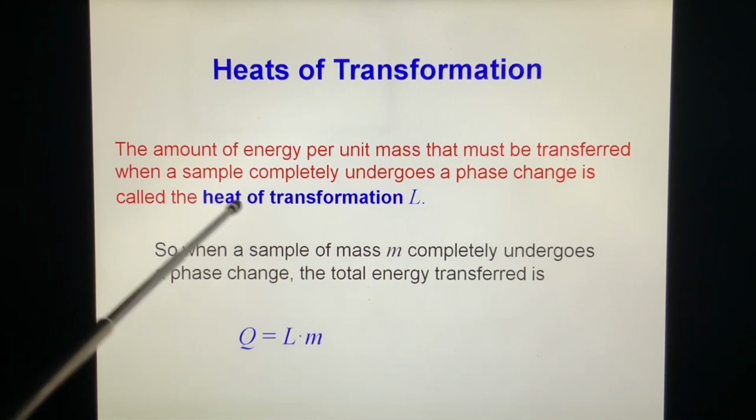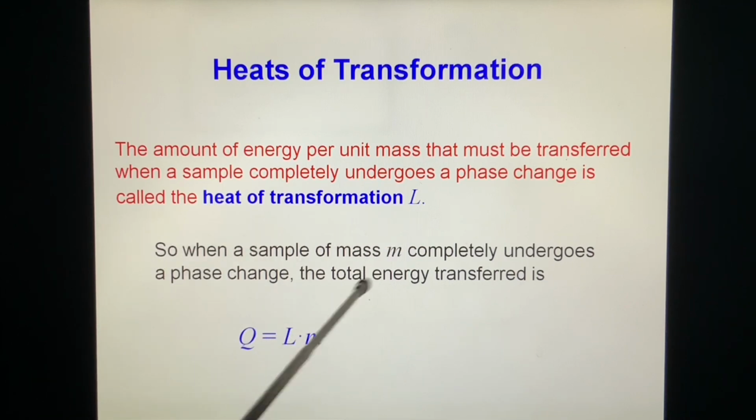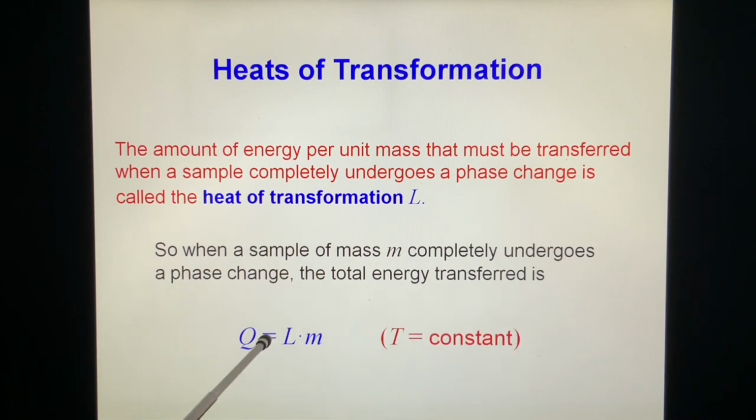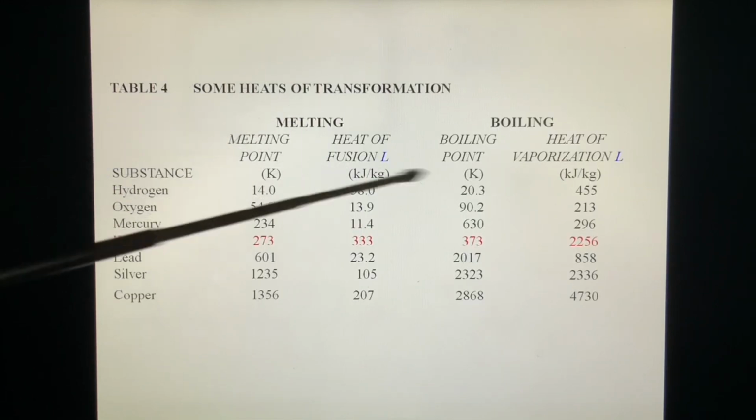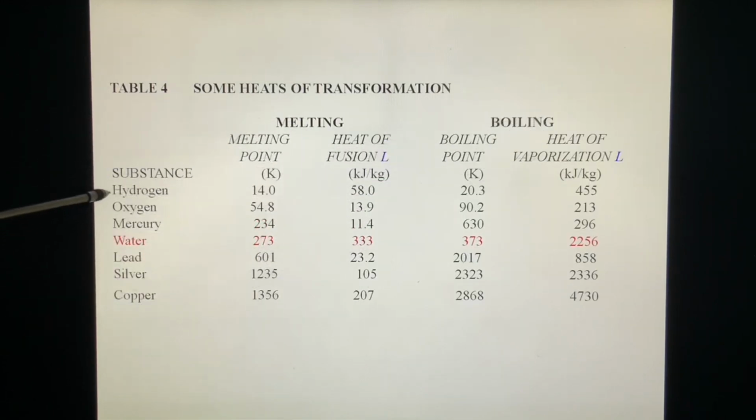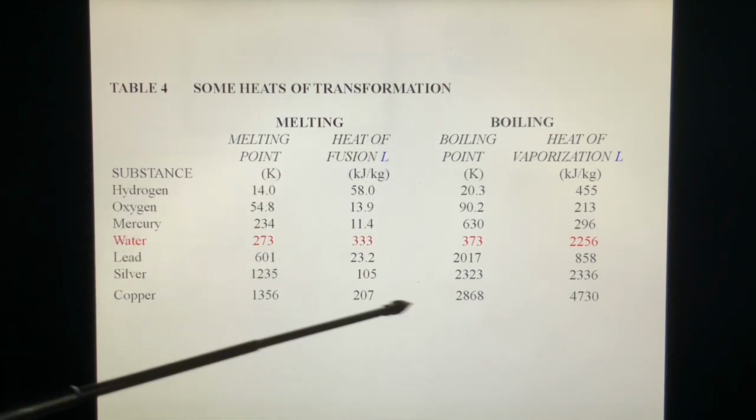L is the heat of transformation, m is the mass. In this process, T is constant, it does not change. Look at that. This melting point, this boiling point, this hydrogen, this water, and so on.